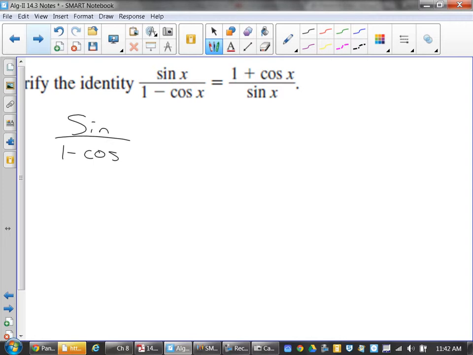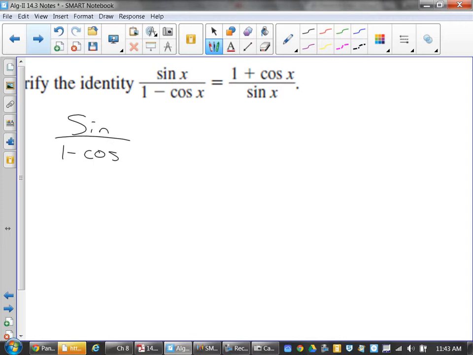Wait, Mr. Murphy, when would we use this in real life, where no one tells you whether it can be verified or not? What are we going to use this for? It's the thought process again. It's problem solving.